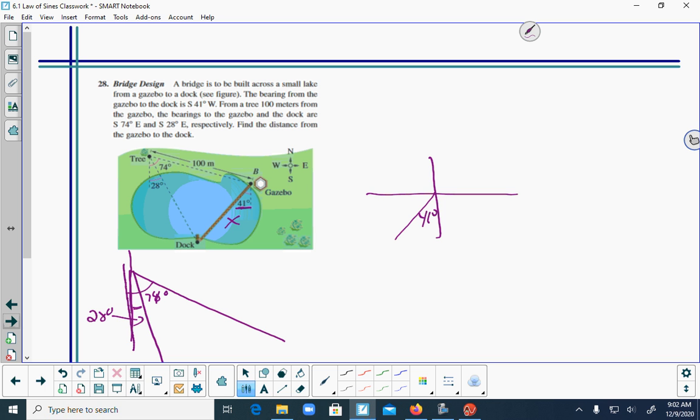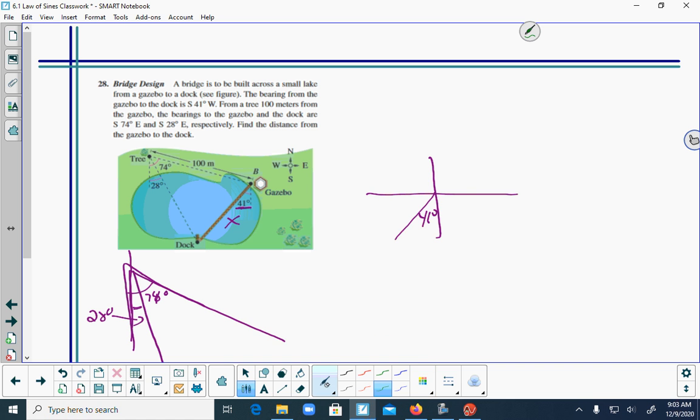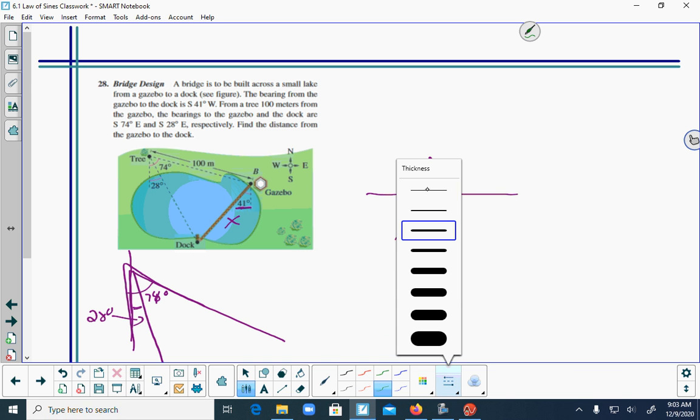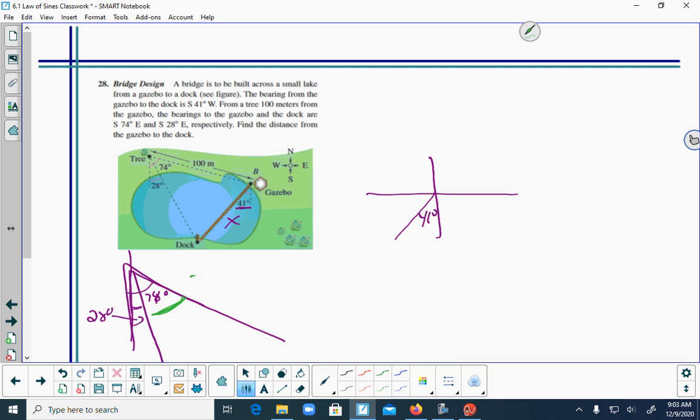So if this whole angle is 74 and this little chunk is 28, it should make sense to you that this angle right here is 74 minus 28, and this angle in here is going to be 46 degrees.